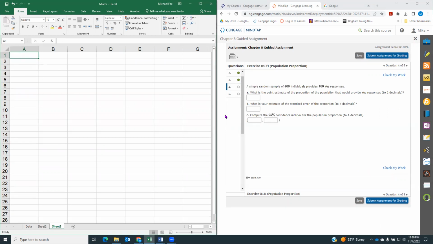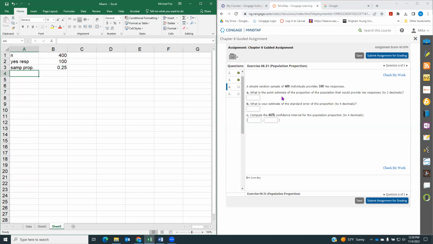So I'll start with what I know. My N, or sample size, is 400, and my yes responses are 100. So my sample proportion, sometimes that's called P bar, okay, is just my yes responses divided by N. So 25% of the people that were asked in the sample said yes.